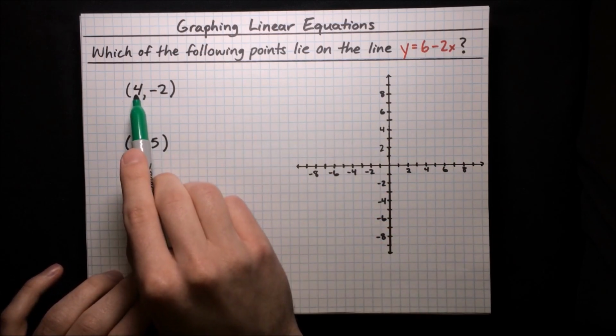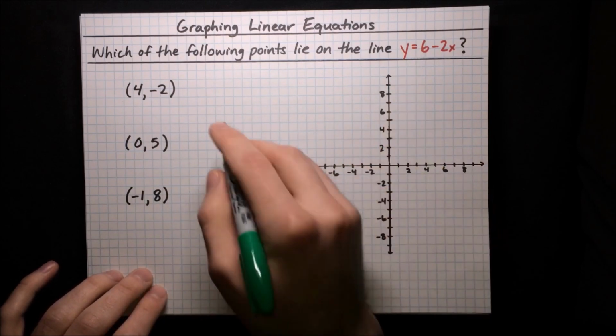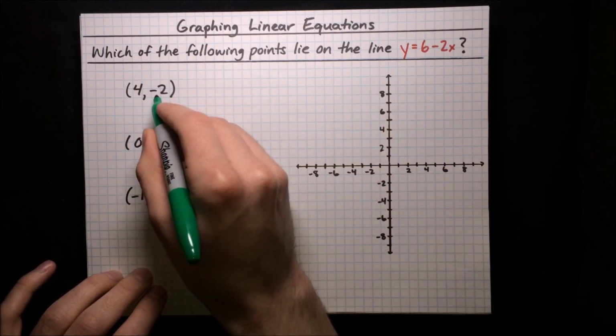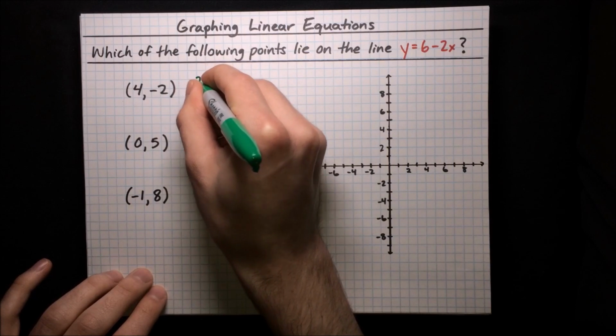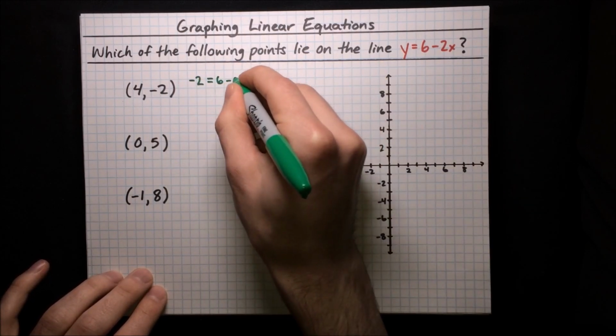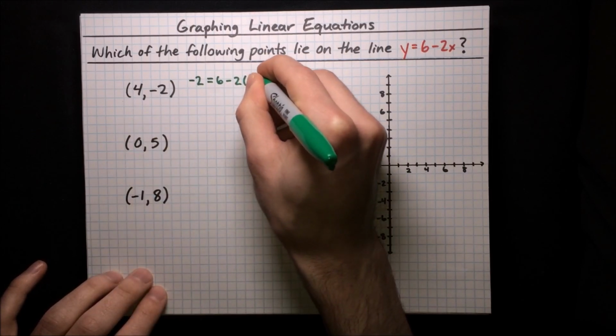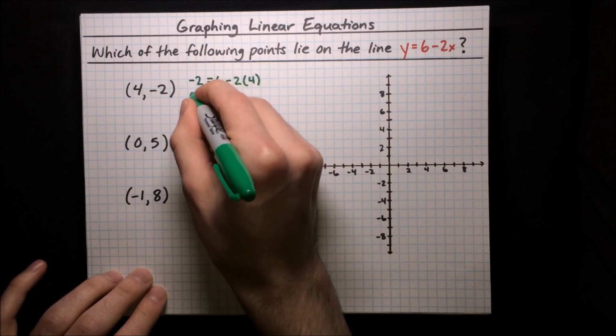So let's begin with this point. X is 4 and y is -2. We'll just substitute it in here and we get -2 is y. So -2 is equal to 6 minus 2 times x. Here x is 4. So 6 minus 2 times 4. And let's see how that turns out.